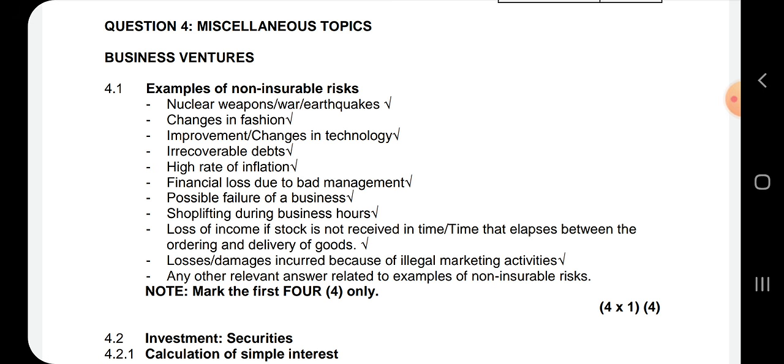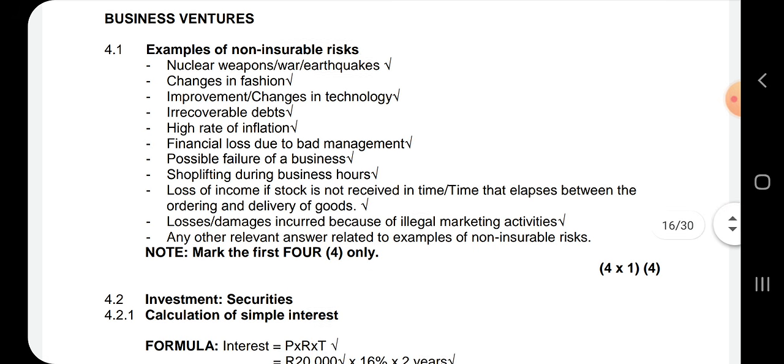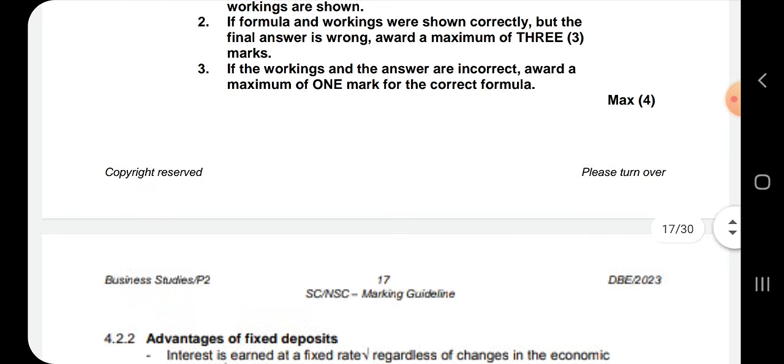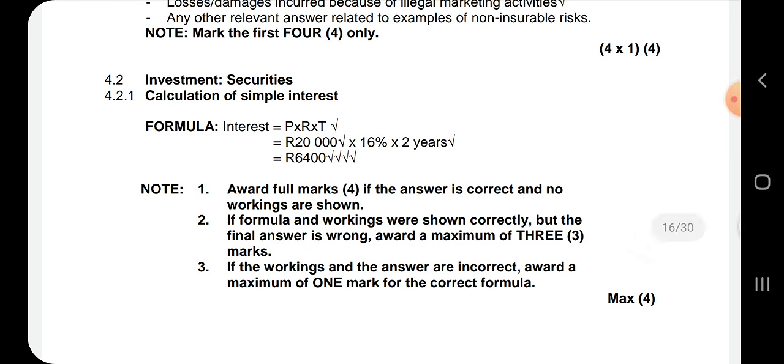So things that you cannot insure. You cannot go to an insurance company and say, hey, I want to insure this. So any other relevant answer will also be taken. So you need 4.